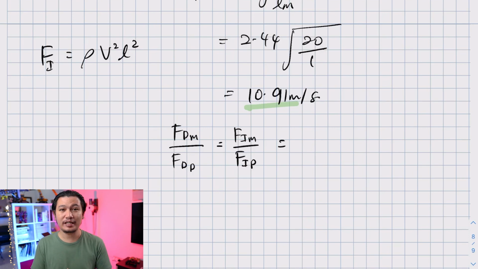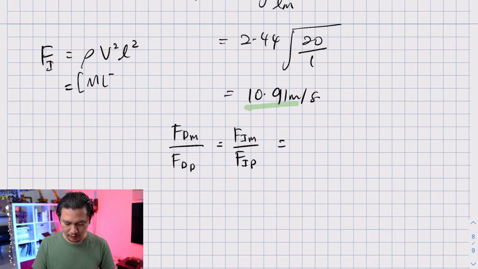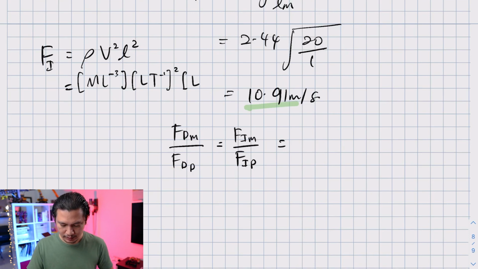But remember, we are in the topic of dimensional analysis. So let's take a look at the dimension first. The dimension for density is mass over length to the power of -3. The dimension for velocity is length over time, this is -1, this is square, times the dimension of length is length square.